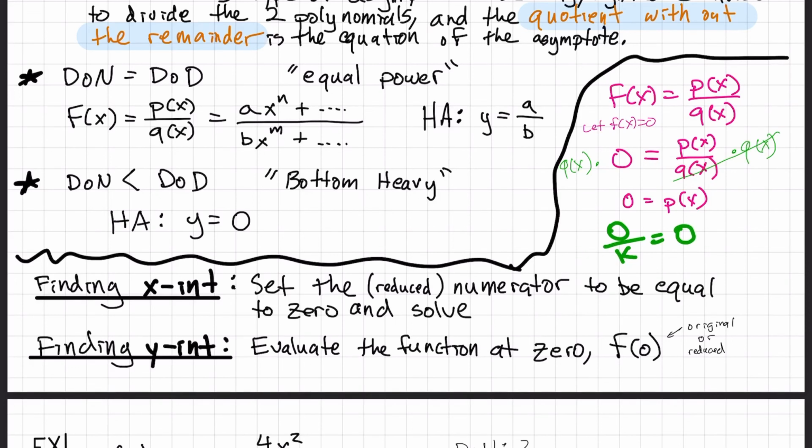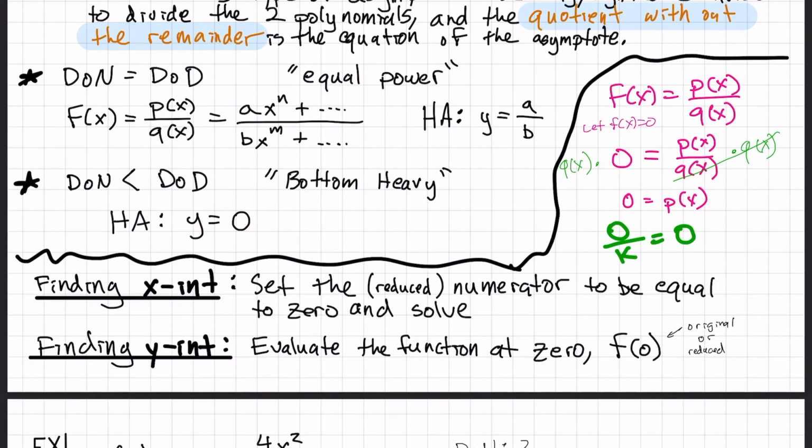It has 0 input in the x-intercepts, just like the numerator has 0 input in the holes and vertical asymptotes because of the domain issue. So don't let that bother you. What drives the x-intercepts is all about the numerator. So set the numerator equal to 0, solve, and there are your x-intercepts.